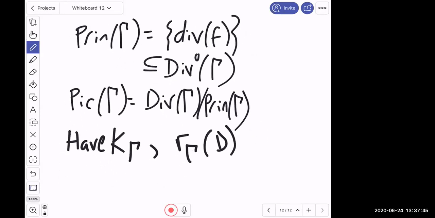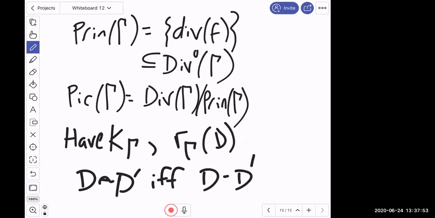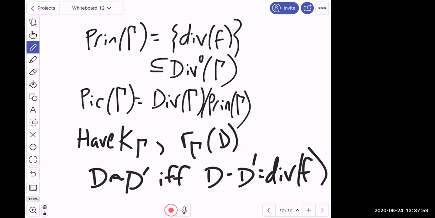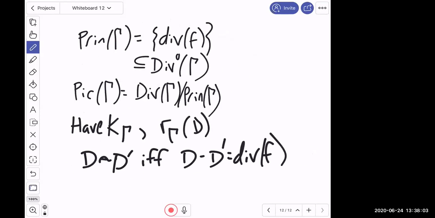We're saying now that two divisors are equivalent if and only if their difference is principal for some f. And you might wonder if this is actually compatible with the previous definitions I gave in terms of playing this game of solitaire. And yes, it is. And that's something one can check.